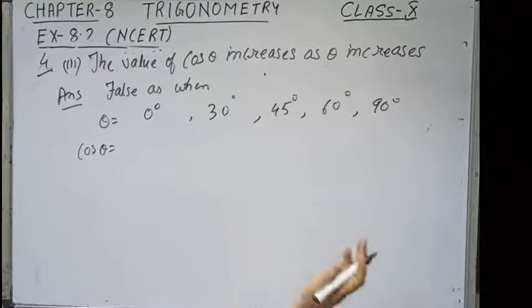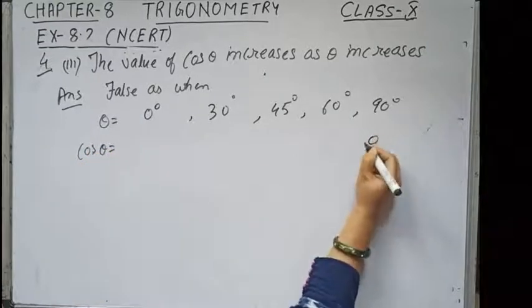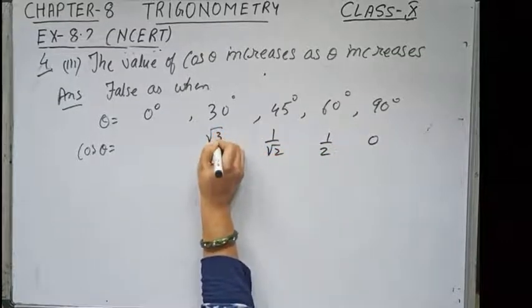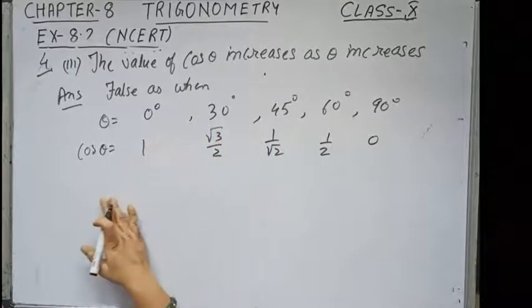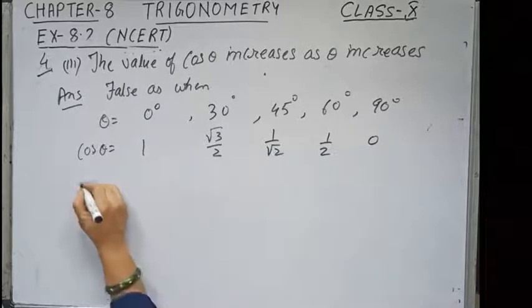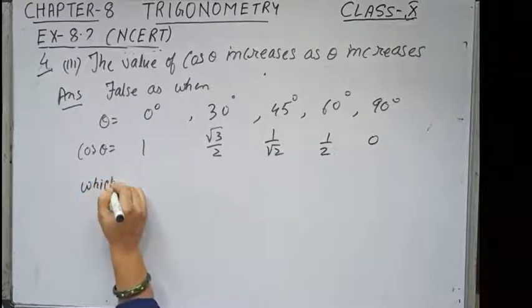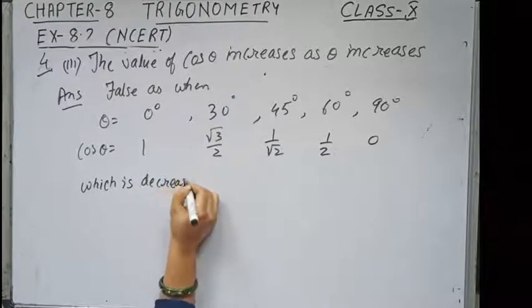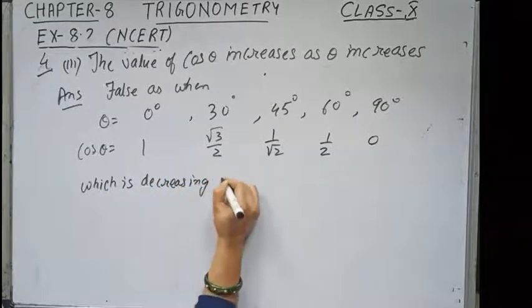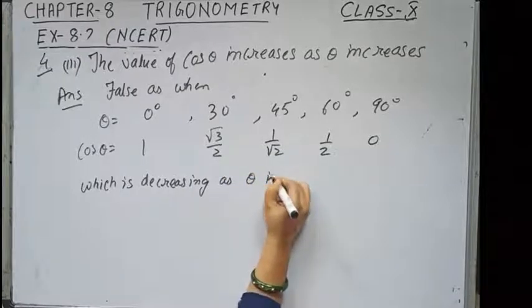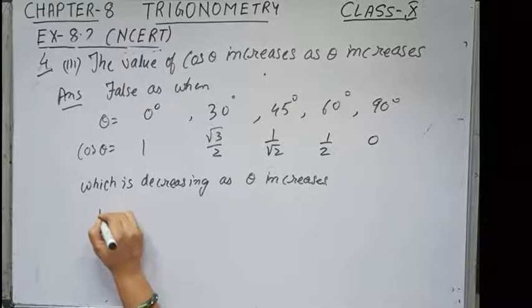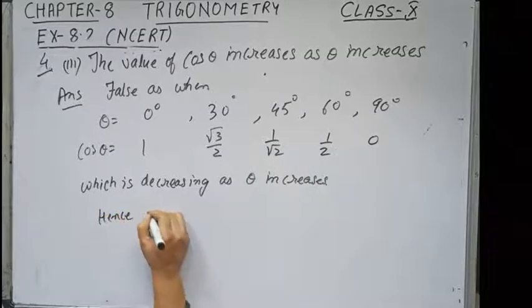Cos theta: 1, root 3 by 2, 1 by root 2, 1 by 2, and 0. So it is decreasing as theta increases. Hence justified.